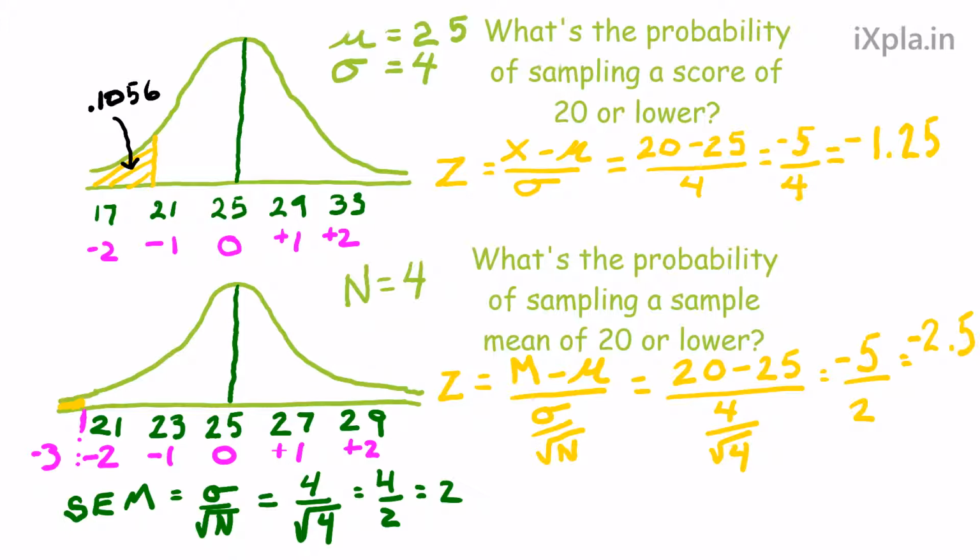Notice that the area is quite a bit smaller than it was in the first problem we did. That's because we're using a sample of 4 people now, not one individual score. So we should expect a quite a bit smaller probability, because we'd have to get 4 people with an average of 20 or less. And that would be pretty hard to do.